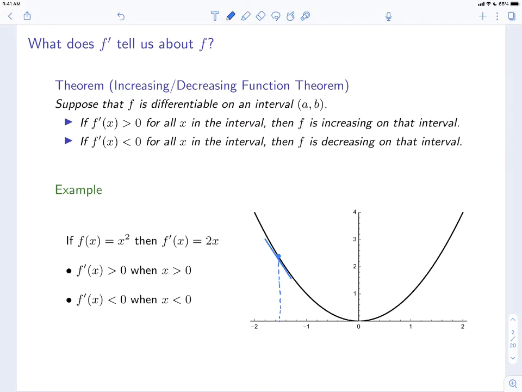Similarly, if we pick an x value to the right of the y-axis, where x is positive, and we draw a tangent line there, we can see that the slope is positive. The slope is positive precisely when the function is increasing, and the slope is negative when the function is decreasing.